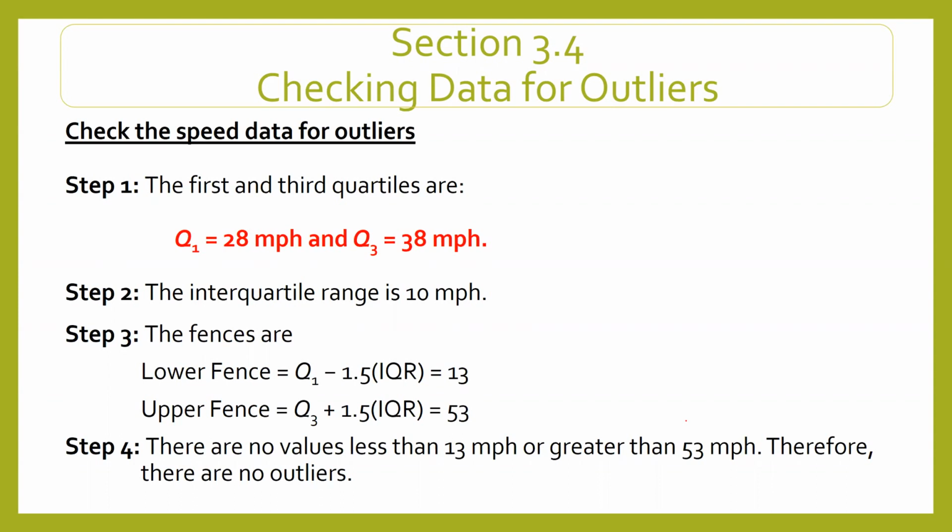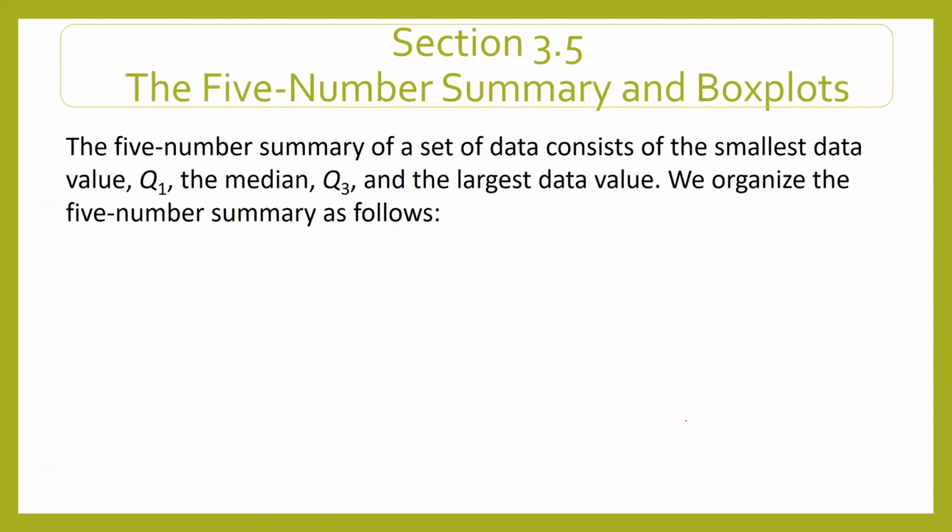I'm going to show you an example where an outlier will show up very quickly. All right, so we have what we call the 5-number summary and box plots. That's section 3.5, but it's more or less an extension of the one we just talked about.